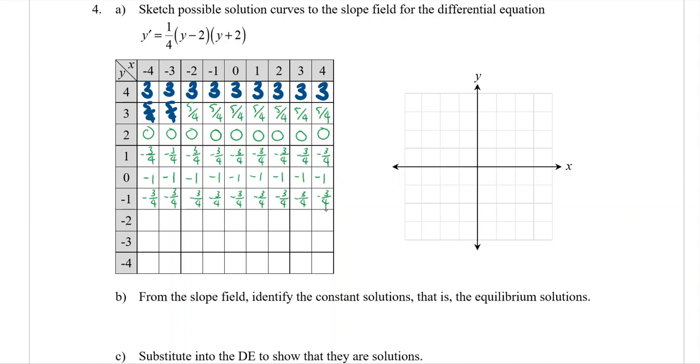Subbing in negative 2, again, that's going to make one of those brackets 0, which means they'll all be zeros again. Subbing in minus 3, we get 5 over 4. That's a bit messy. And then finally subbing in -4, we get 3.